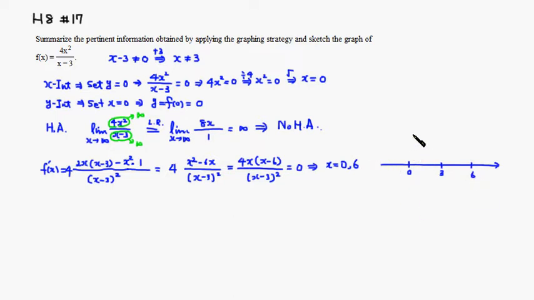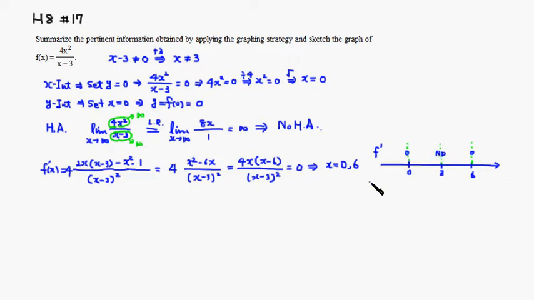So we talk about the derivative. At 0 and 6, the derivative is 0, and at 3 it's not in the domain, so maybe I should say just not defined.